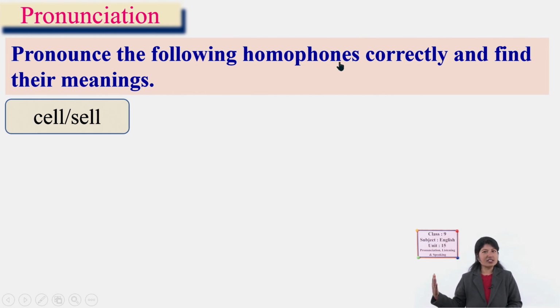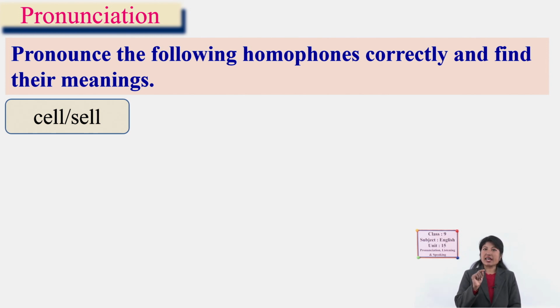Homophones. Have you heard this word before? What is phones? Phones mean sounds, right? Homophones are words which are similar in pronunciation, the same in pronunciation, but the spelling is different.